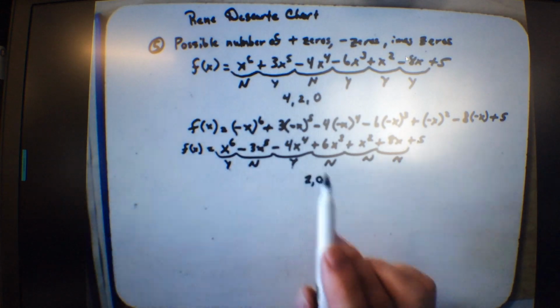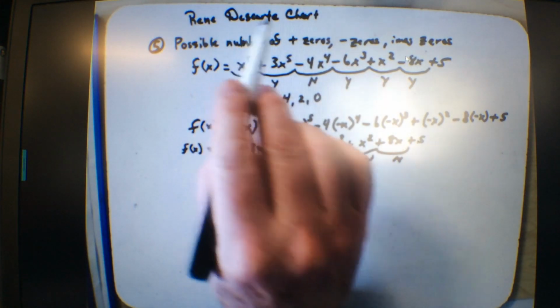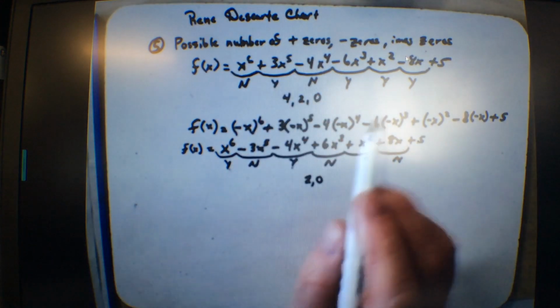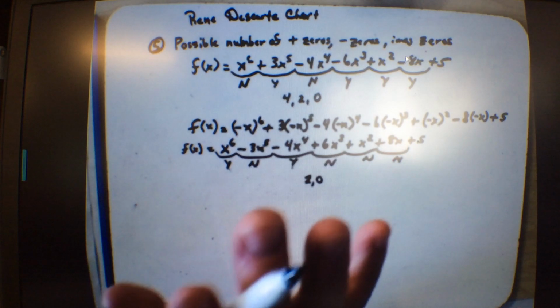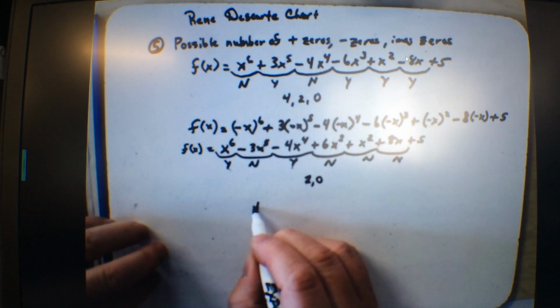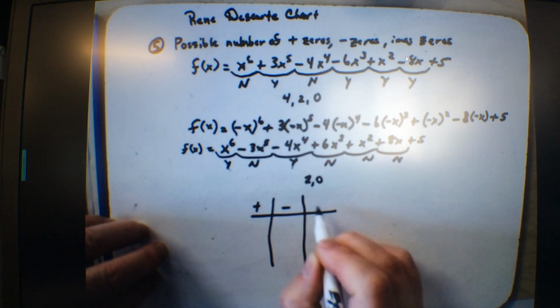You see that? Alright, now here comes the Rene Descartes chart. This is not in the back of the book. It's not in the answers. They write their answers differently. We do plus, minus, and imaginary.